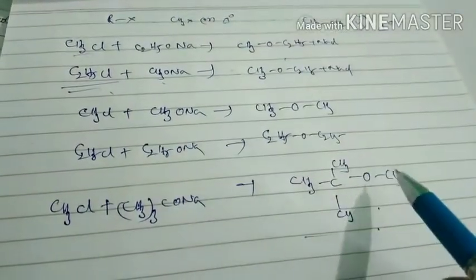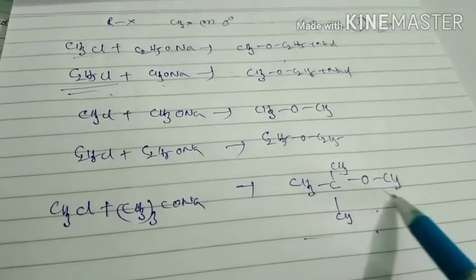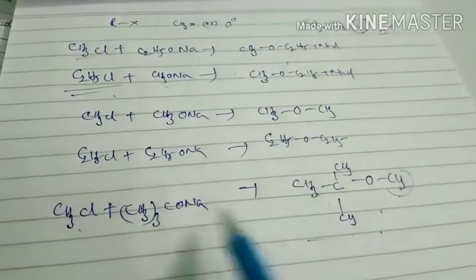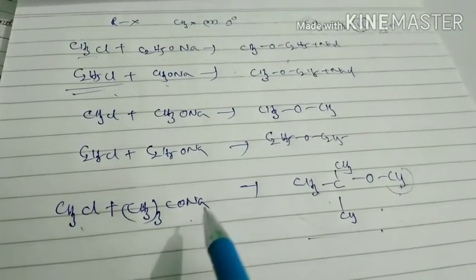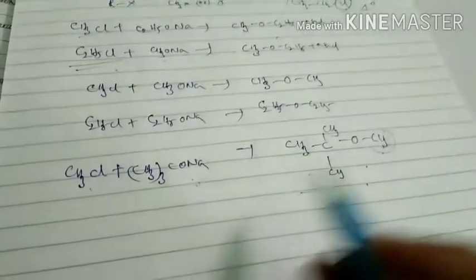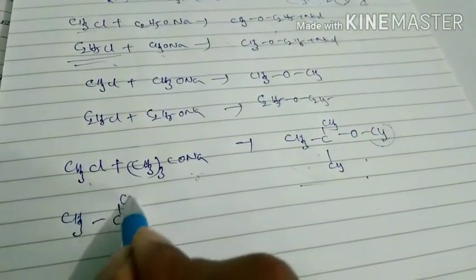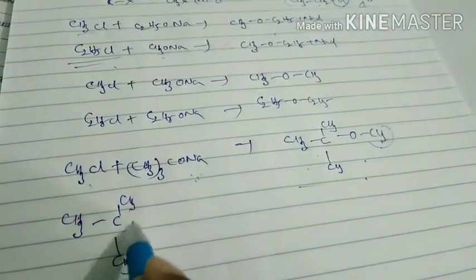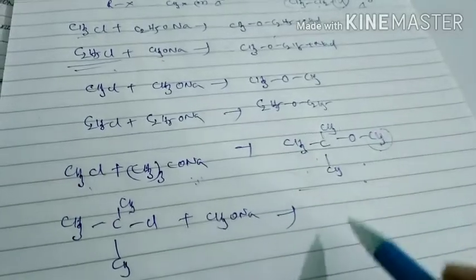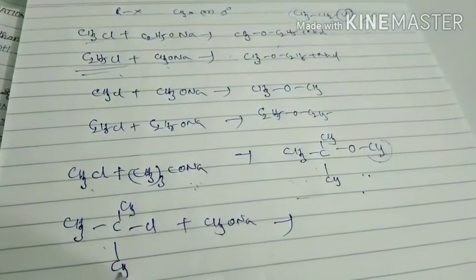That means here two alkyl groups are present. Out of the two alkyl groups, this alkyl group must be present in the halide part, and this alkyl group must be present in the alkoxide part, sodium alkoxide part. Then only it can be made. Suppose you take (CH3)3CCl plus CH3ONa, then you cannot make this one because this is a tertiary alkyl halide.